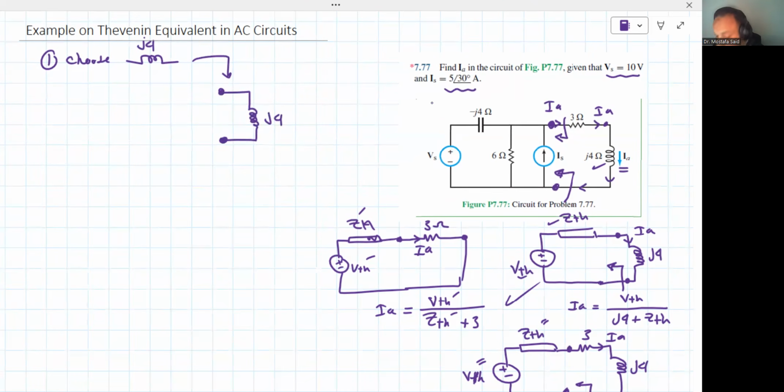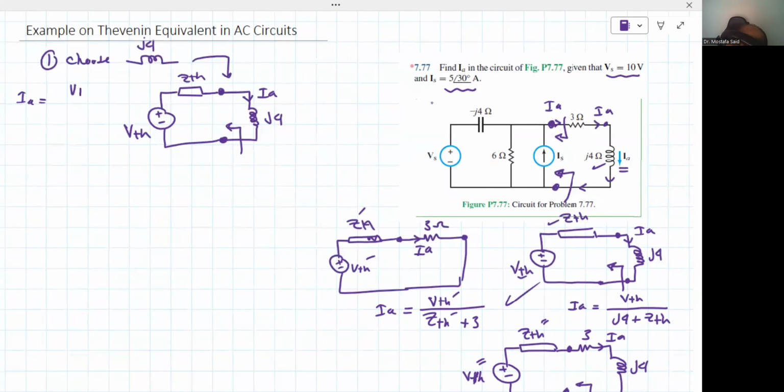I'm gonna look from its two terminals in that way, and I should reduce the rest of the whole circuit to a reactance Z Thevenin and a voltage source V Thevenin. And by that, this is Mr. IA flowing in here. So IA should be equal to V Thevenin divided by Z Thevenin plus j4: the voltage divided by the total impedance through which the current is flowing. Good, very good. Number two.